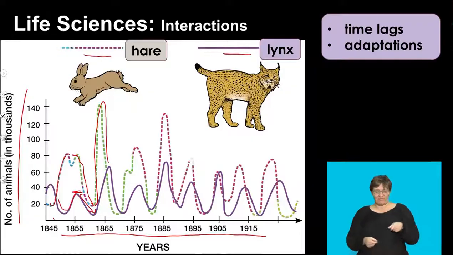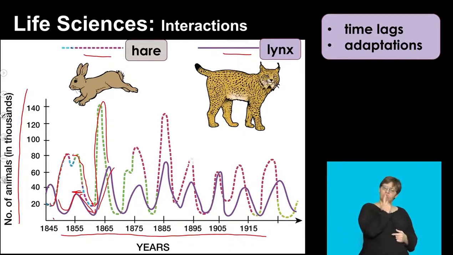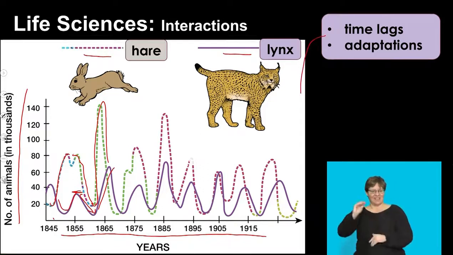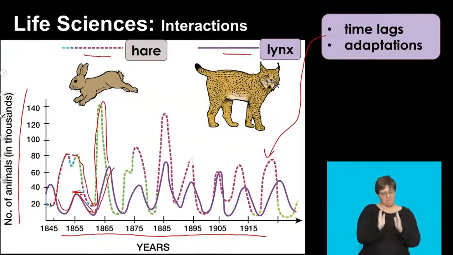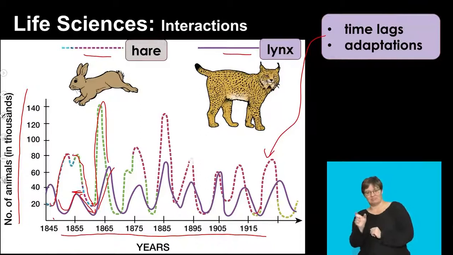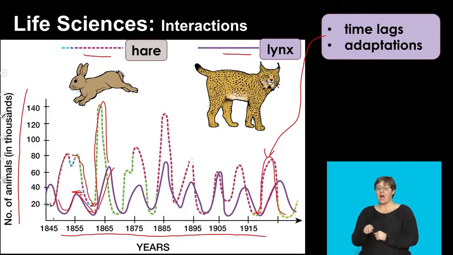But as the hare population starts increasing, the lynx population also starts increasing. So we can see that there are these fluctuations and time lags. The prey population peaks first and the predator population peaks later.